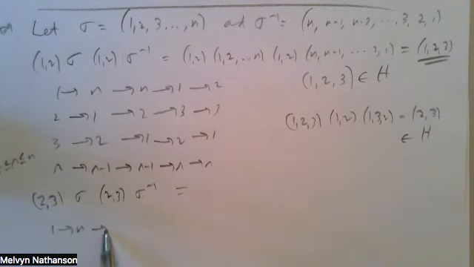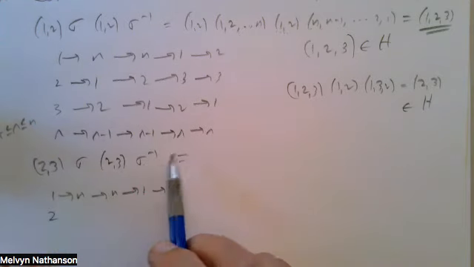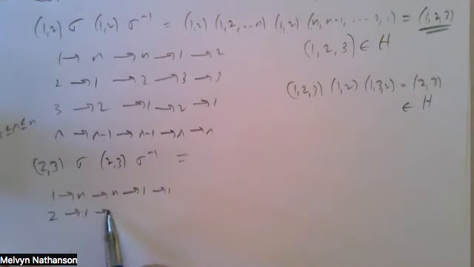N is at least 4, so n goes to n. This sends n to 1, and this sends 1 to 1. So 1 goes to 1. What about 2? 2 is sent to 1, is sent to 1, is sent to 2, is sent to 3. So 2 goes to 3.